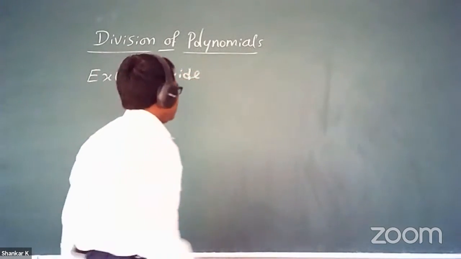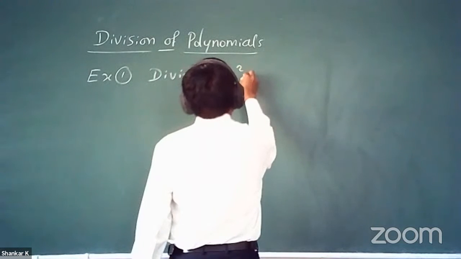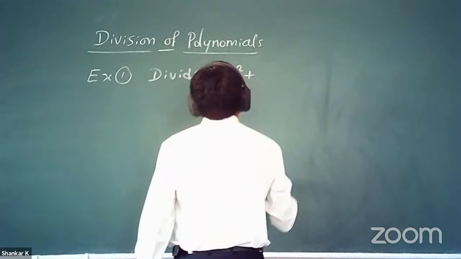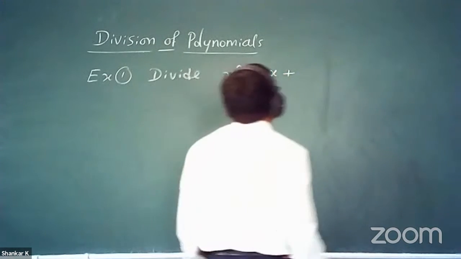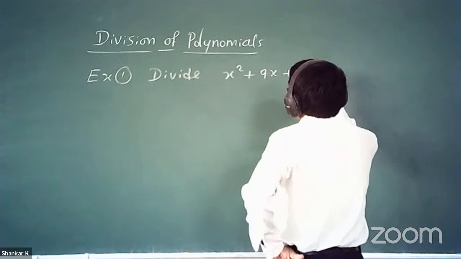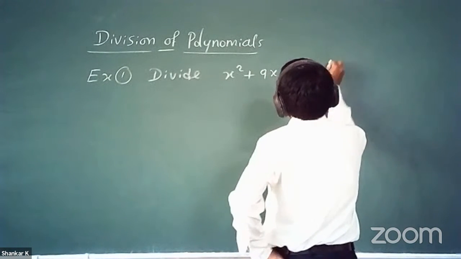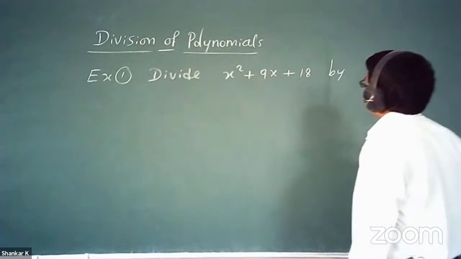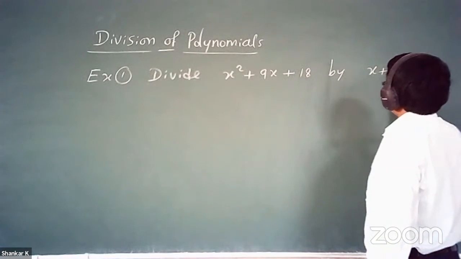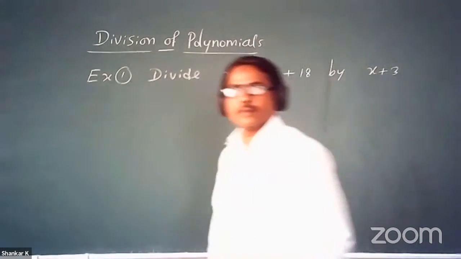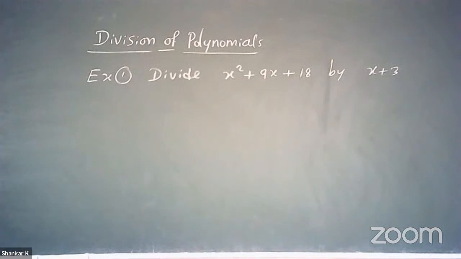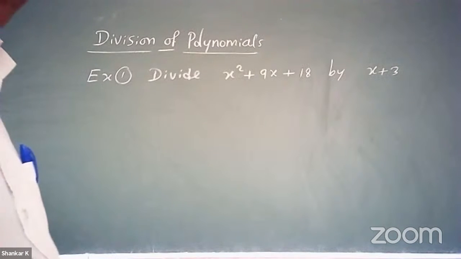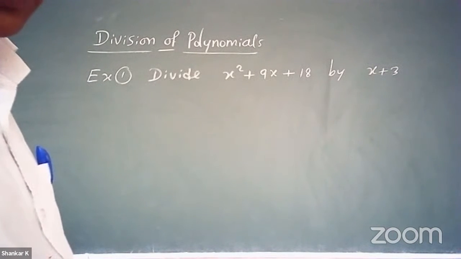Divide x square plus 9x plus 18 by x plus 3. Completed, students? All of you try this example. Your friends will join.